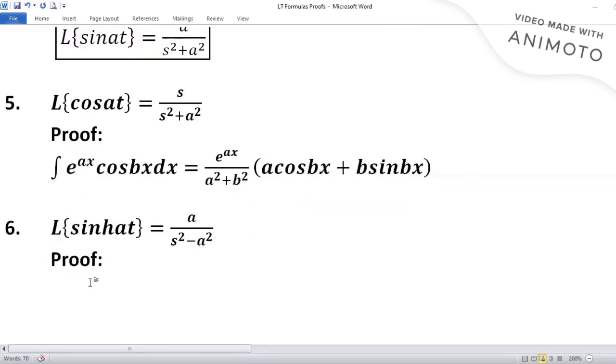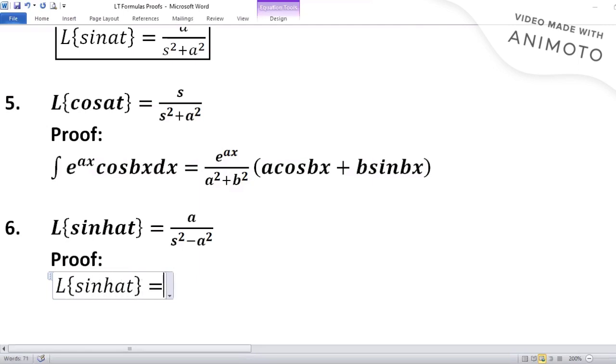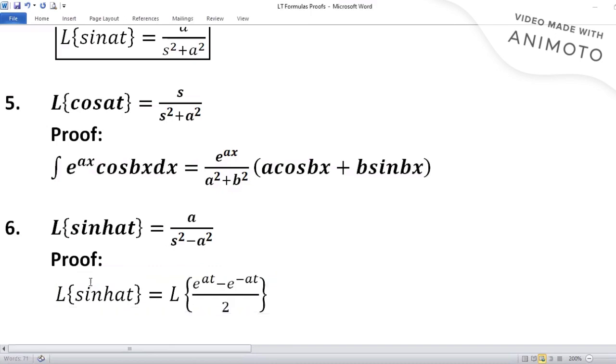Coming to the sixth proof, sinh at. Now we don't have to go by definition to prove sinh at. Sinh at can be proved very easily. Let's see how that is done. We write Laplace of sinh at is equal to. We know that sinh can be converted into e raised to at minus e raised to minus at upon 2. Now how is that? This is also a formula.